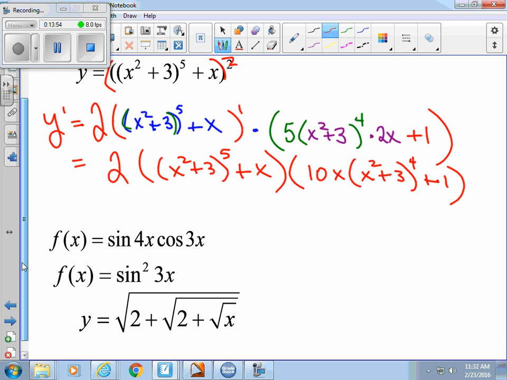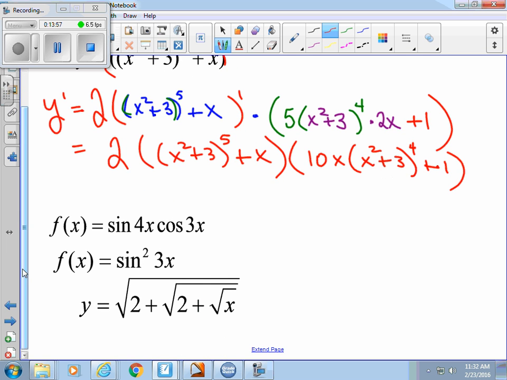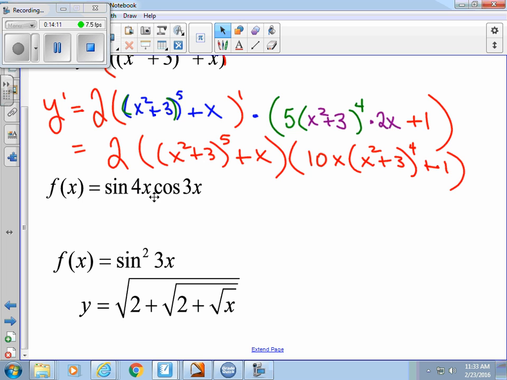Now, I'm not saying there's not more you could do. You could FOIL that out if you wanted to, but I would rather not. So if you must match multiple choice, do it. If not, don't. And again, even when I do a nasty simplification up here, do you have to do that on your homework? Only if it's multiple choice and you're trying to match. Alright?